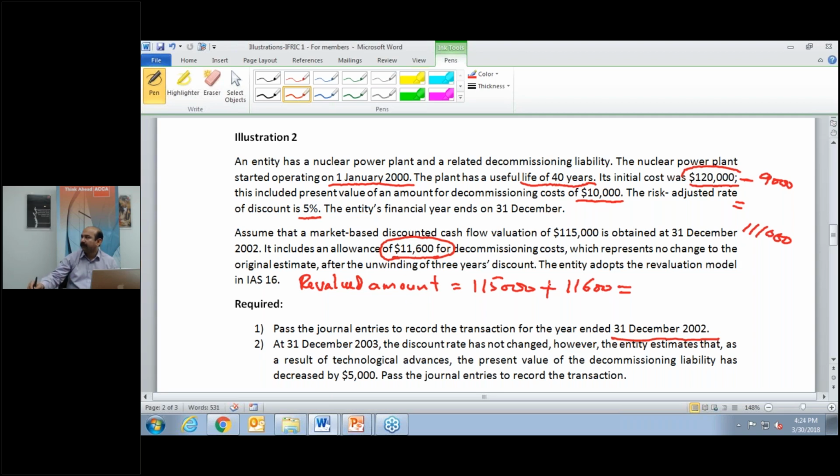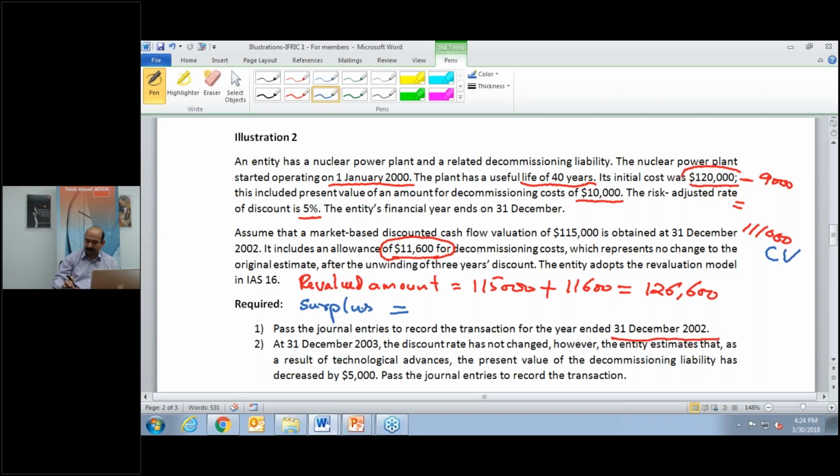So this will give us 126,600. So this is the carrying value, and this is the revalued amount. The difference between these two is the surplus.